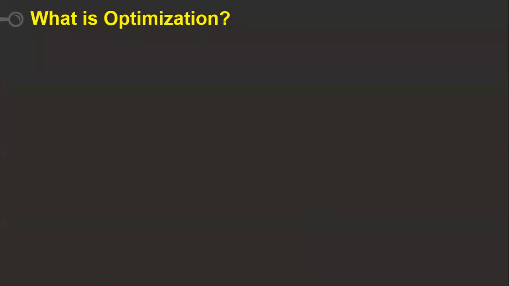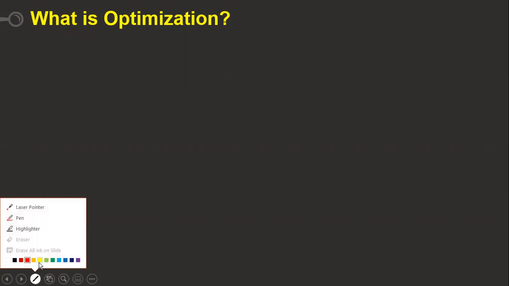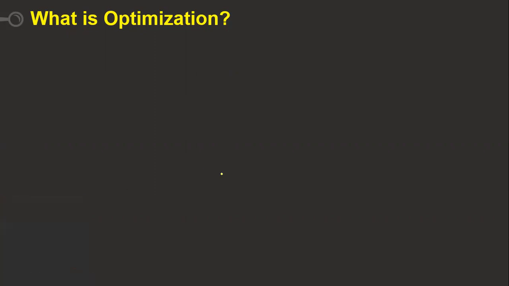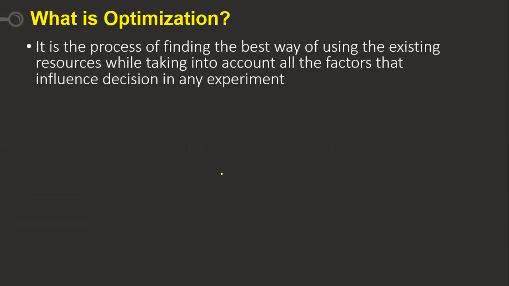Before going on to factorial design, we have to understand what is called optimization. What is to be optimized, and why do we need this? Optimization is a process of finding the best way. Whenever we do research, for example in the pharmaceutical industry, we are going to prepare a tablet.